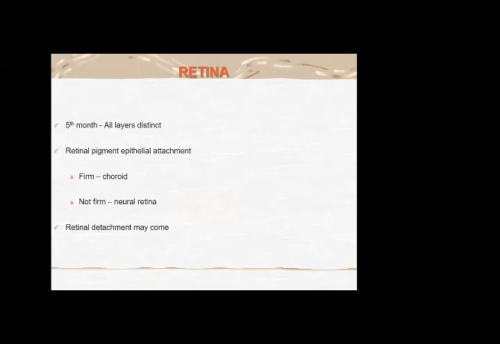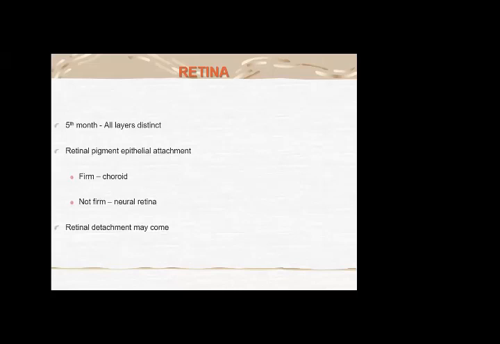The retinal pigment epithelium, on one side it is attached to the choroid, on the other side you have the neural layer, the cavity of the optic cup. Remember one thing, this attachment between the pigment epithelium and the neural layer of the retina is not a firm attachment. Okay?